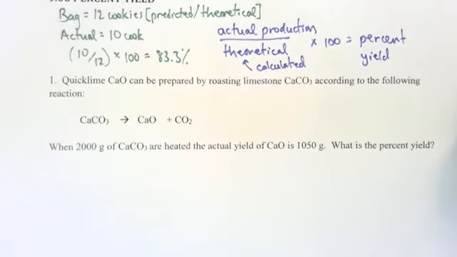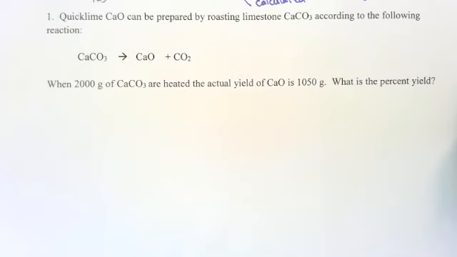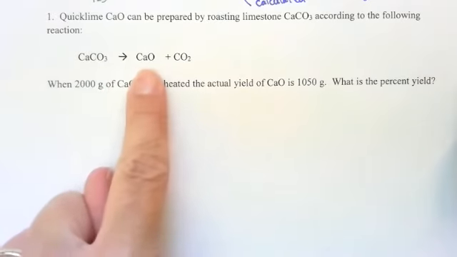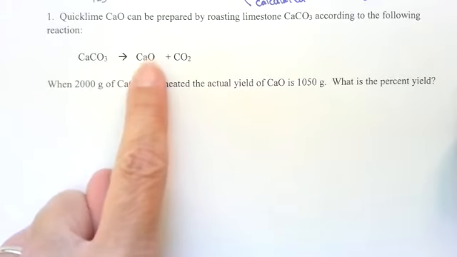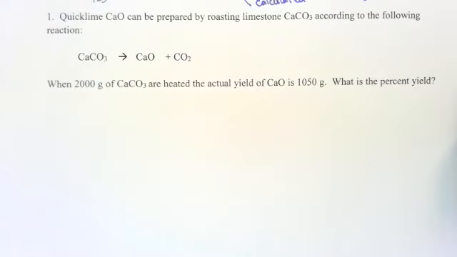All right, let's look at our first problem. Quicklime can be prepared by roasting calcium carbonate according to the following reaction. I've got CaCO3 yields CaO plus CO2. Now you'll notice that this is balanced. I have one calcium, I've got 1, 2, 3 oxygen, and I've got 1 carbon. So this one's nice and easy.